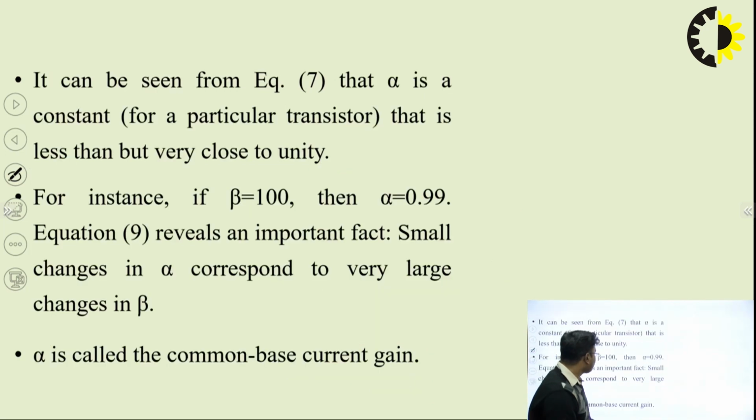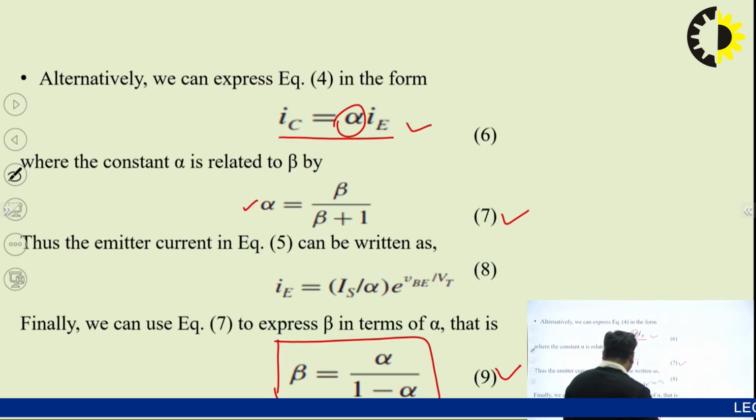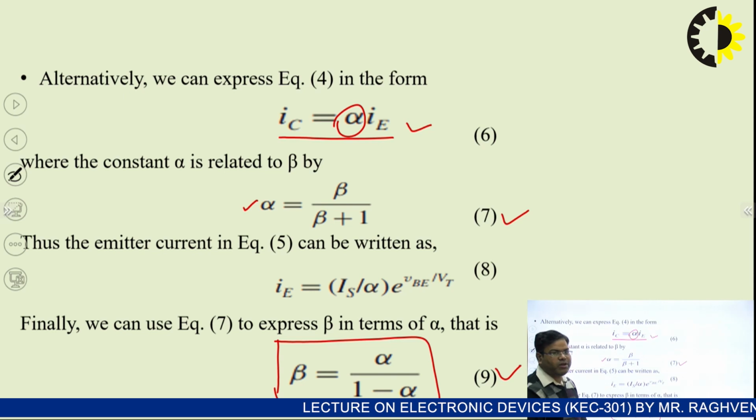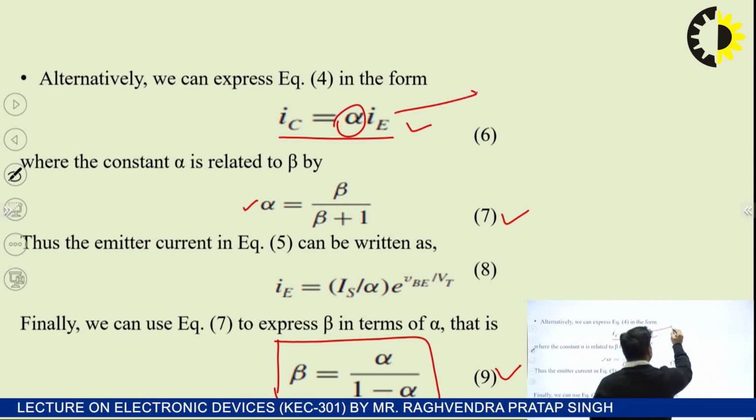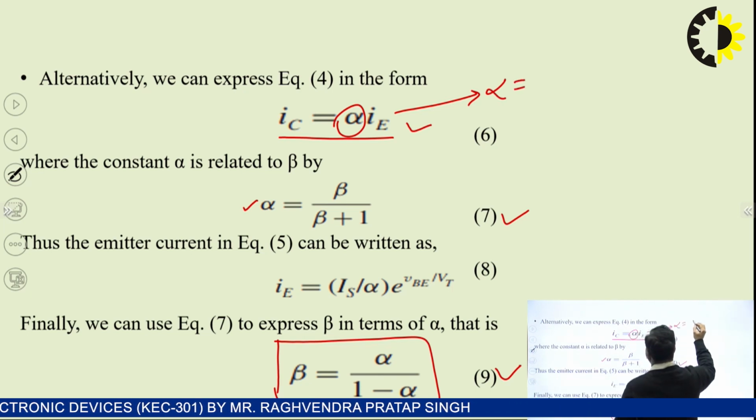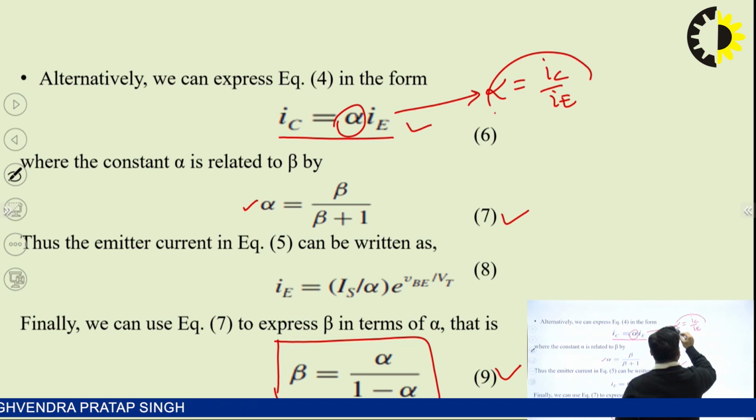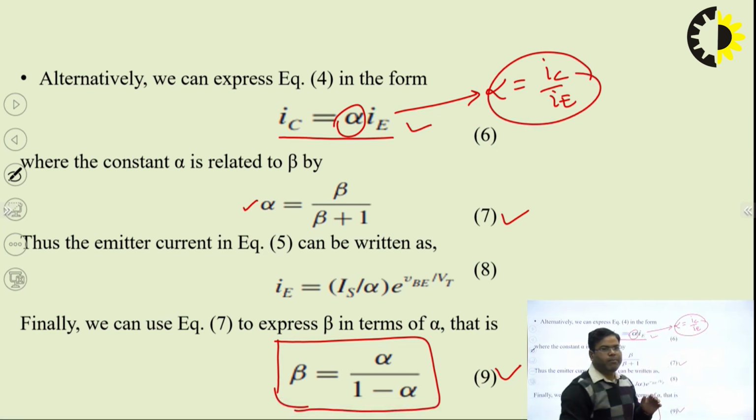Okay. And alpha is known as current transfer ratio. It decides how much current has been transferred. So from this equation we get alpha is equal to IC upon IE. It decides the portion of emitter current which is transferred to the collector. Number of electrons which are injected from the emitter will be collected at the collector end.